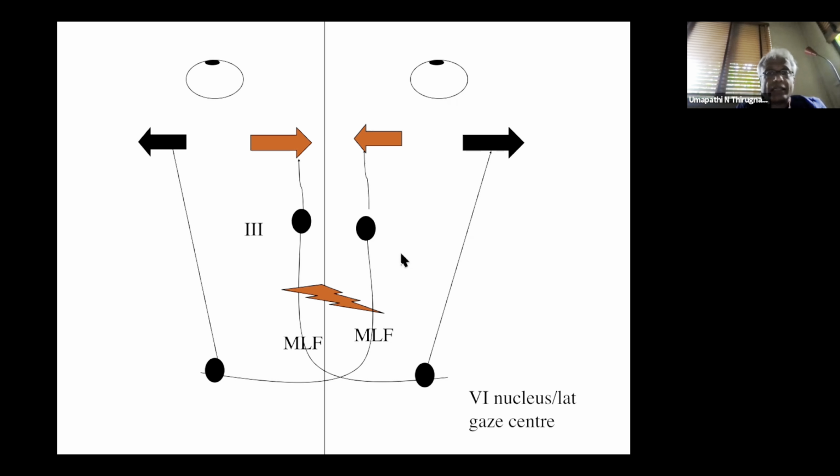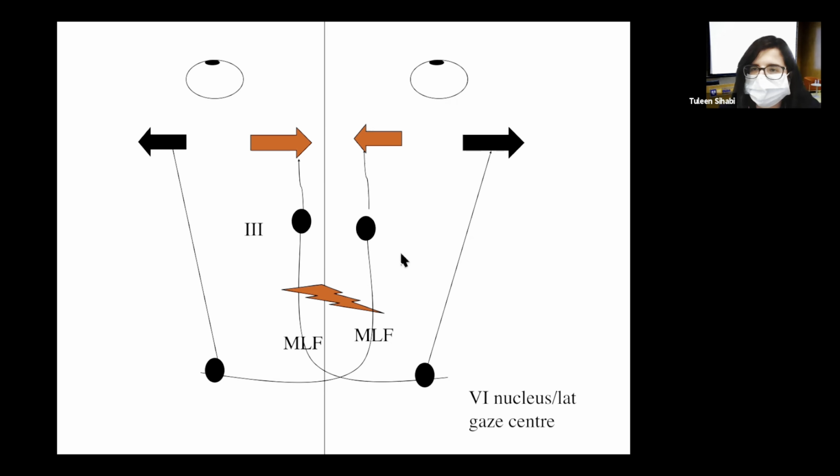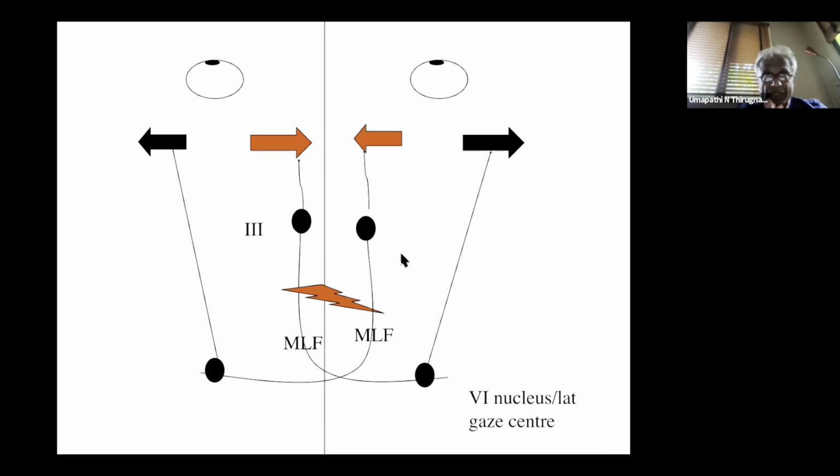It's beyond the scope of this lecture, but we must remember that thyroid eye disease is an important cause of ophthalmoplegia, but the ophthalmoplegia is not due to a nerve problem or a neuromuscular junction problem. It is the muscle itself that's fibrous, and once it's fibrous, it's not able to function well.